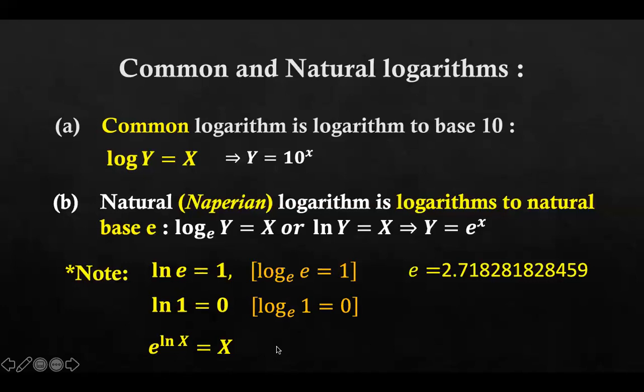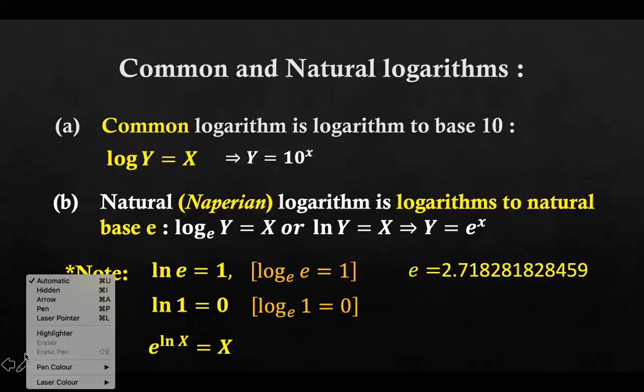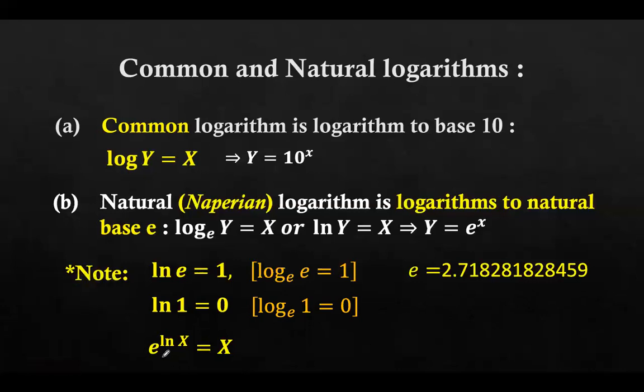Lastly, e to the power ln x equals x. We can prove this by changing the index form into log form. If we change it, it becomes ln x equals ln x.